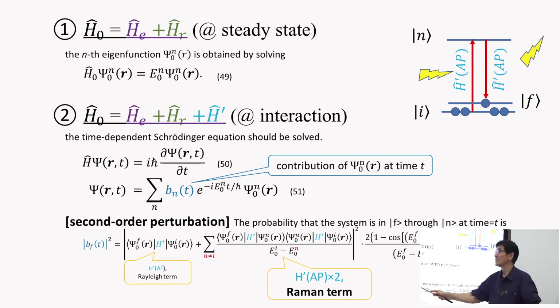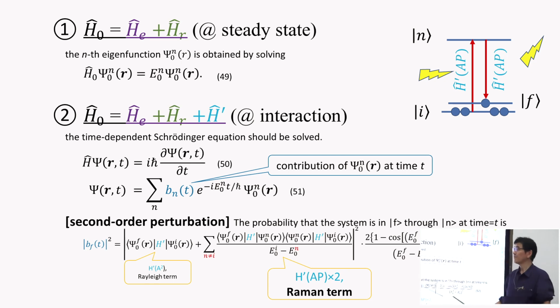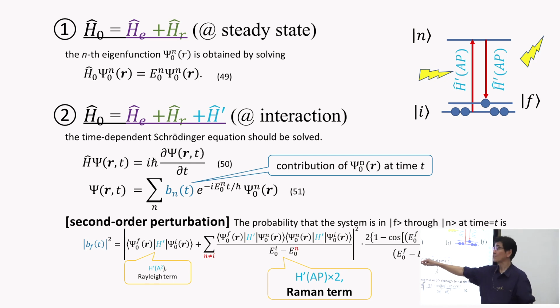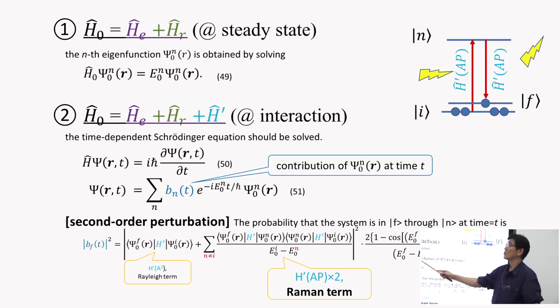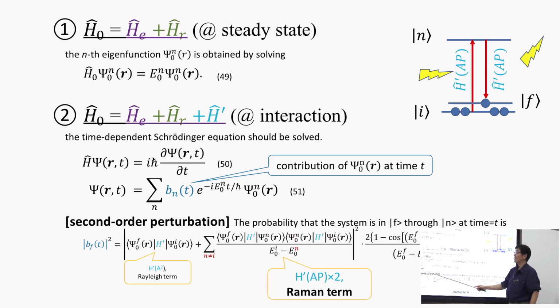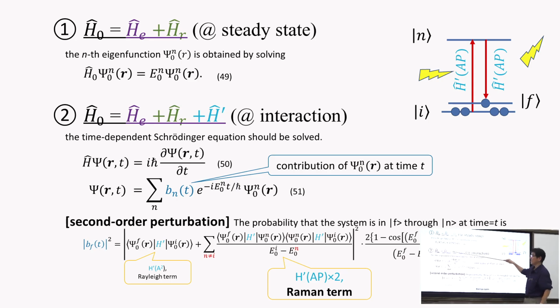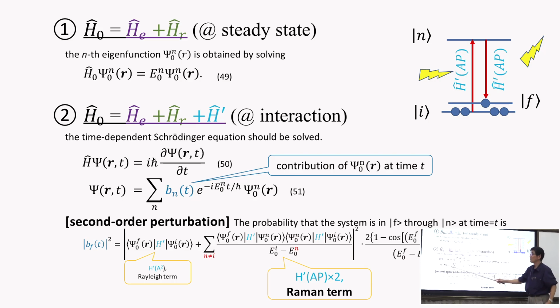So this is given by equation 50. And we can assume the solution of this time-dependent Schrödinger equation like this. In the first case, the wave function is a function of the position vector r only. But now, this is time dependent. So the status of the molecule becomes a function of the position vector r as well as the time t.